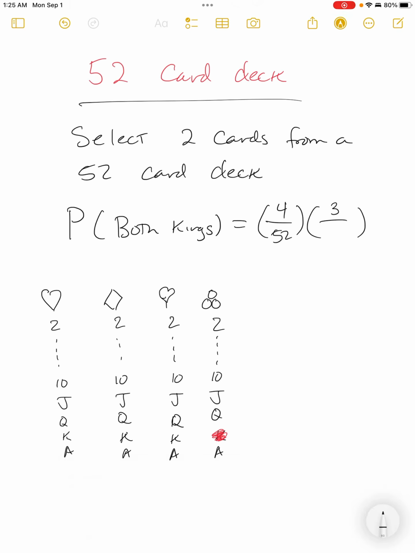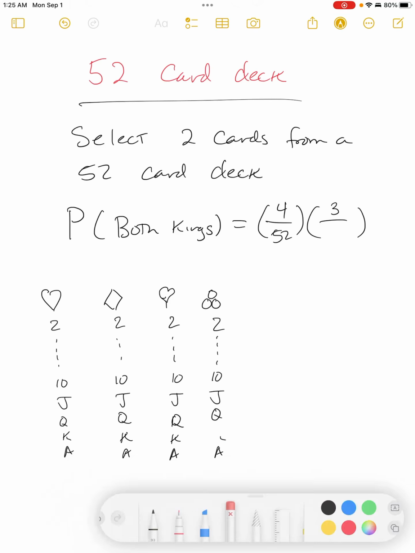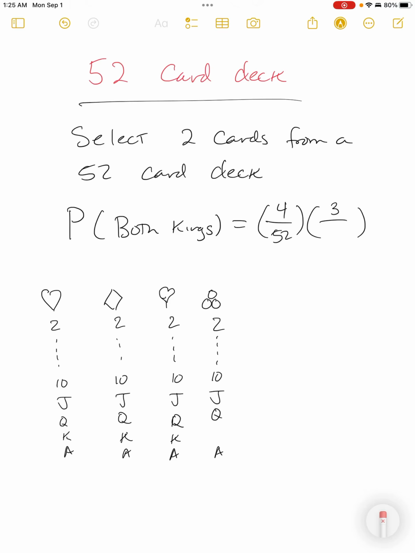Well, you can easily see that I have 3 kings left. And that red card right there is gone. So let me go ahead and erase it. So that king is gone. And so now there are only 51 cards in there. And so I get 4 out of 52 times 3 out of 51. And so what would that be? That would be 12. 52 times 51 would be 2652. 12 over 2652.